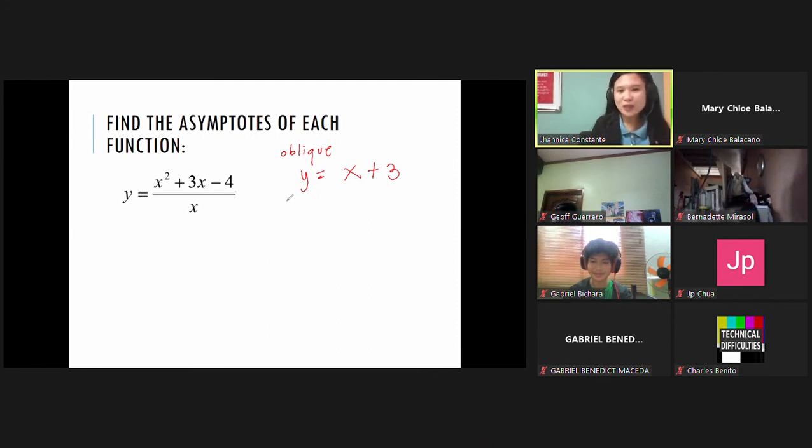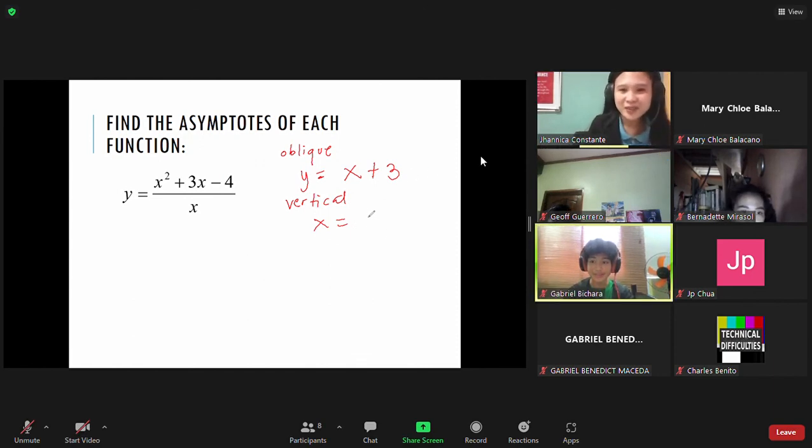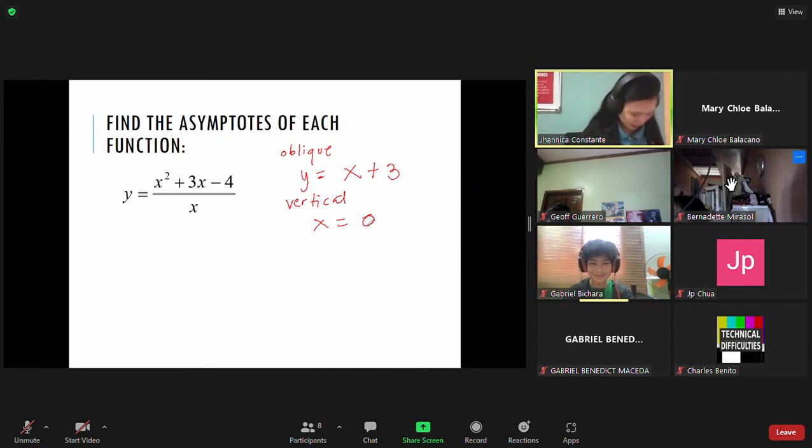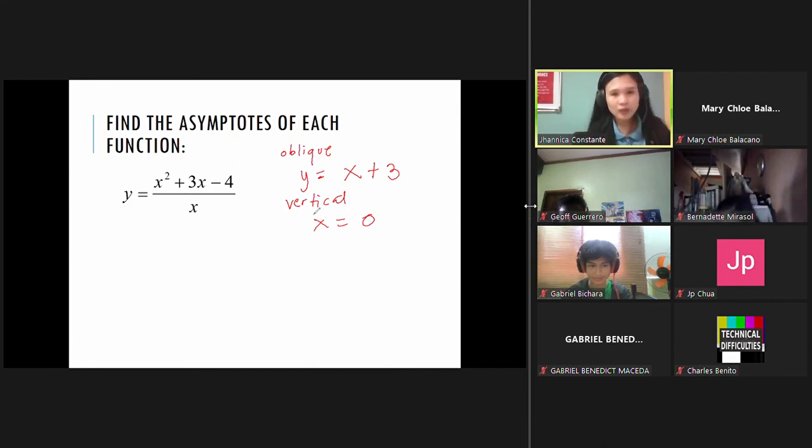So what will be your vertical asymptote? X is equal to 0. So that is our vertical asymptote and the oblique asymptote that we will be having for our rational function x squared plus 3x minus 4 over x.